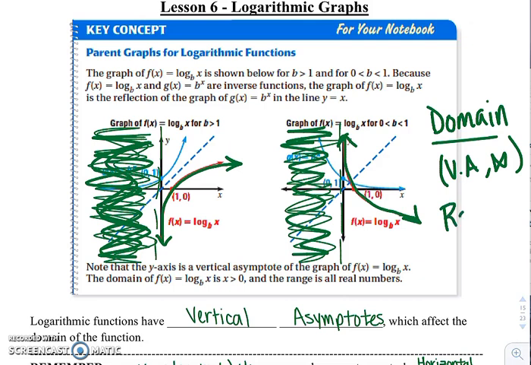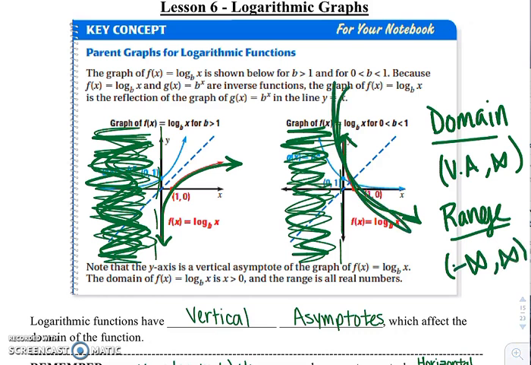The range for these is always going to be negative to positive infinity. It's always going to be continuous in this vertical direction. So for log functions, you can always count on the domain being from that vertical asymptote to the right, and the range always being negative to positive infinity.